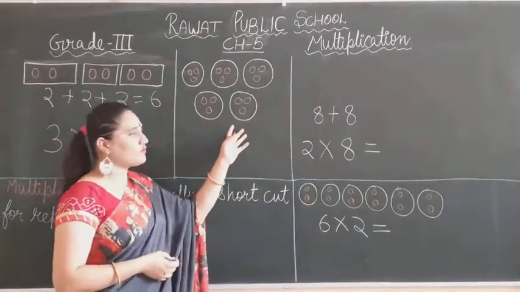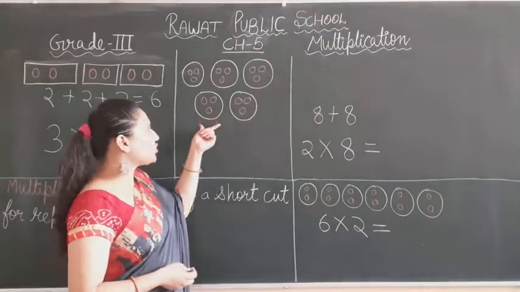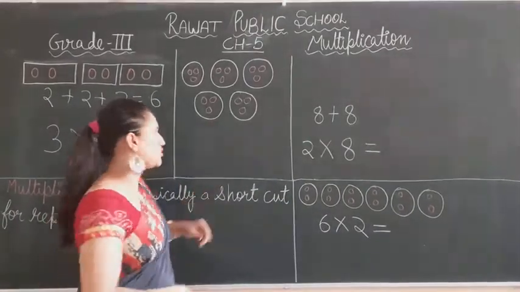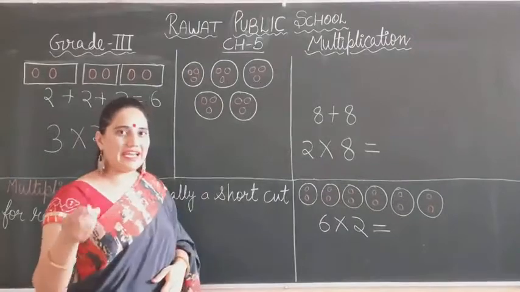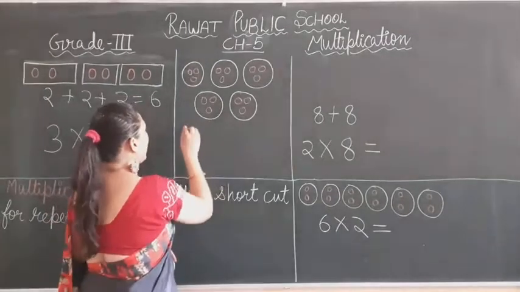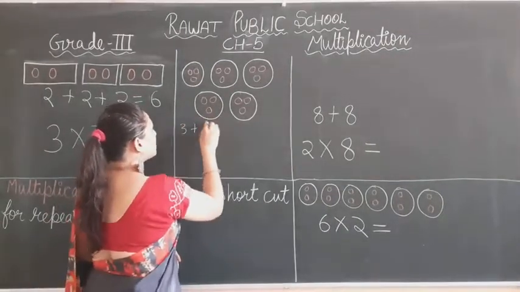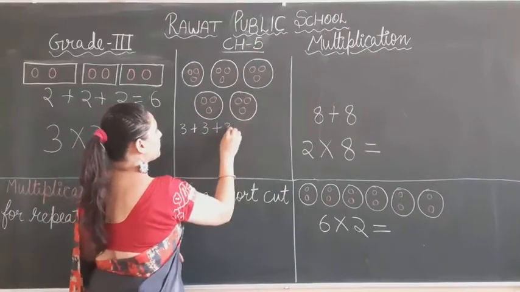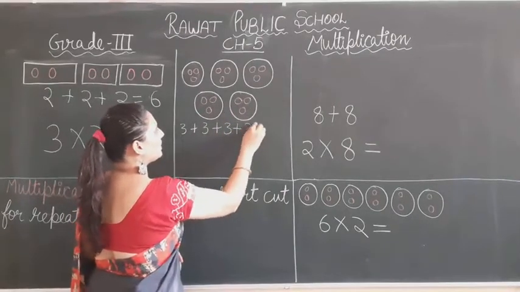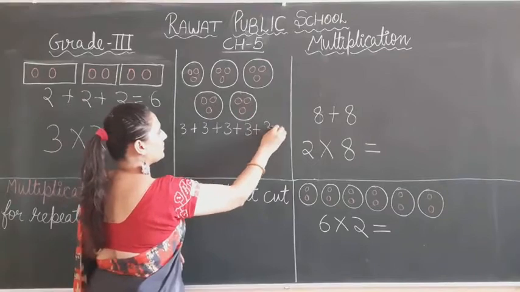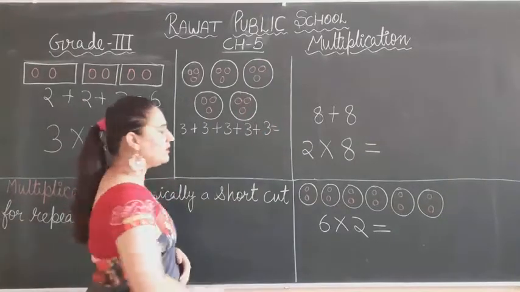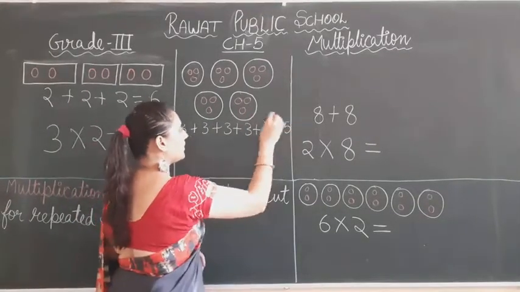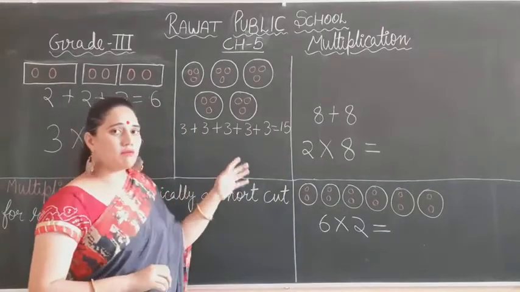So shall we see the next question here? There are 5 cookies with 3 choco chips in each. First of all, I am going to write the addition of it: 3 plus 3 plus 3 plus 3 plus 3. How many do they become? They become 15. Now I am going to talk about multiplication.